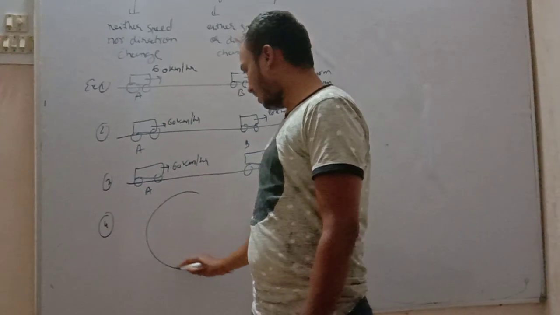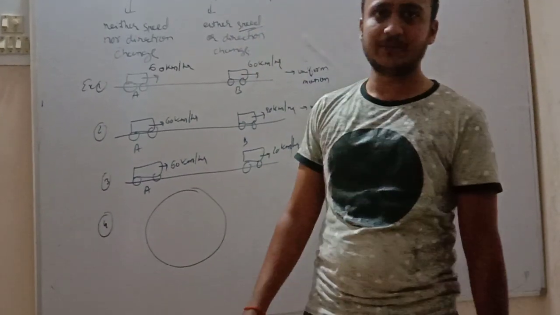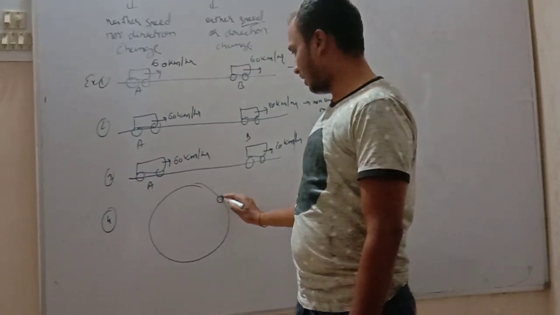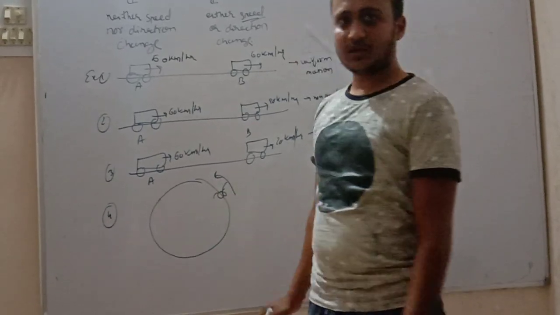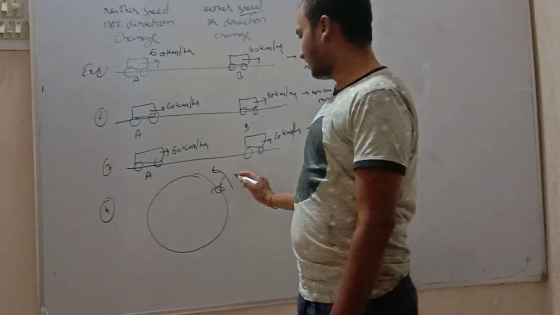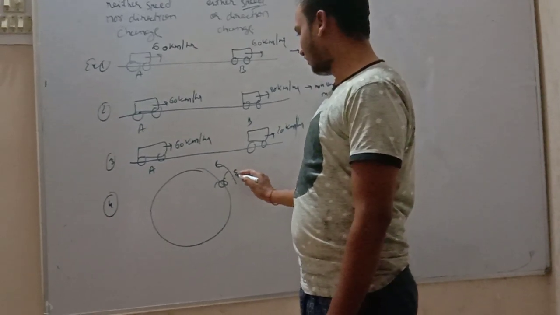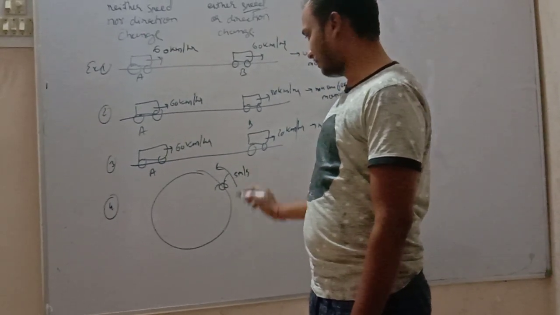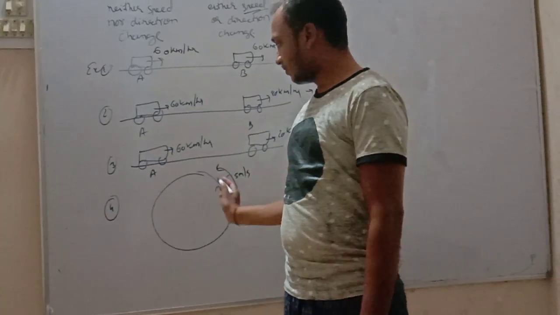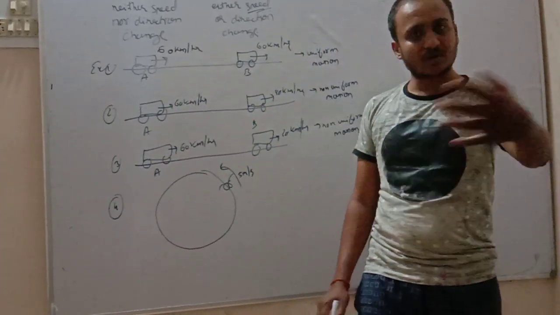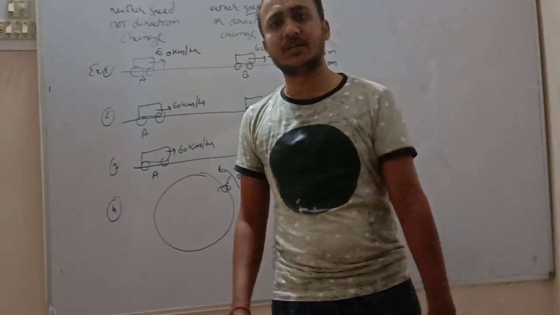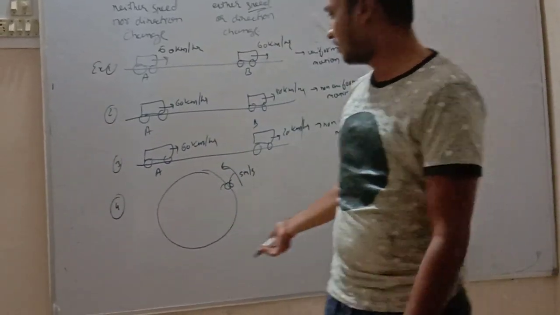Let there be a park of circular shape, and you are going around the park on your bicycle with a speed of 5 meters per second. You are tracing the boundary of the circular park with speed 5 meters per second.